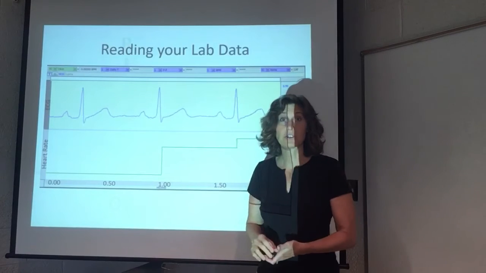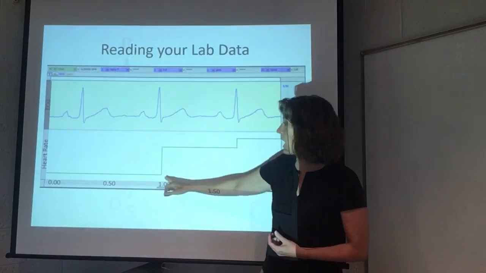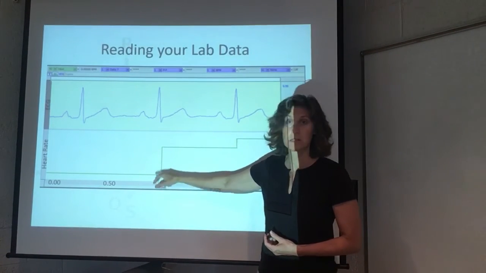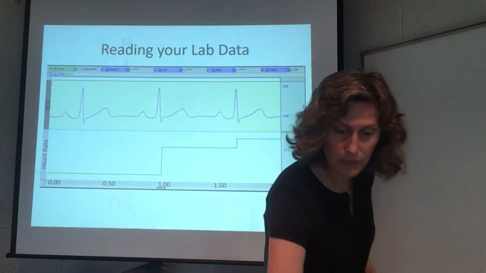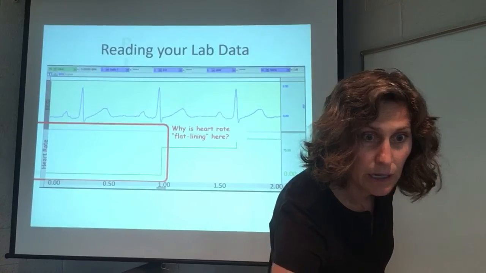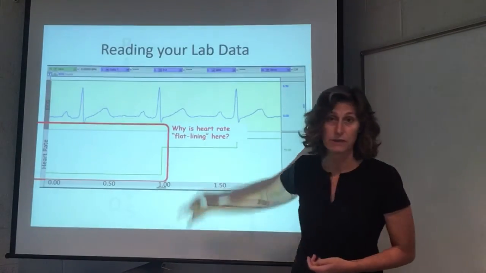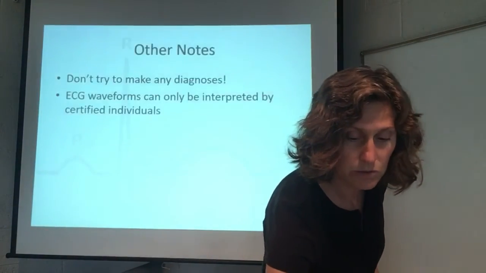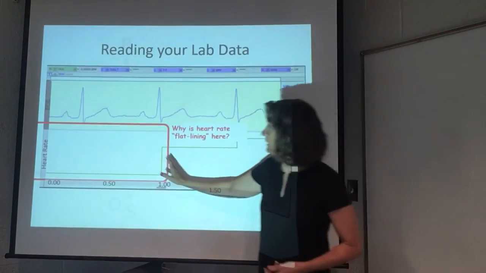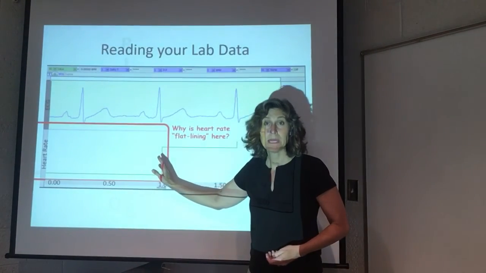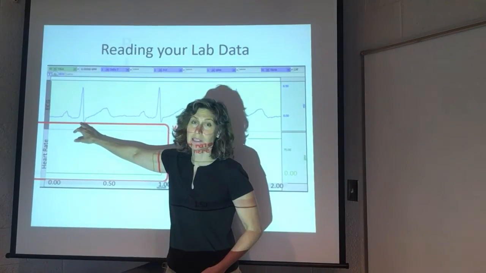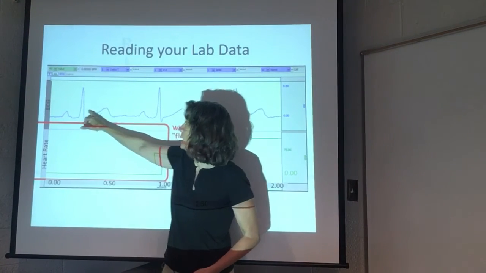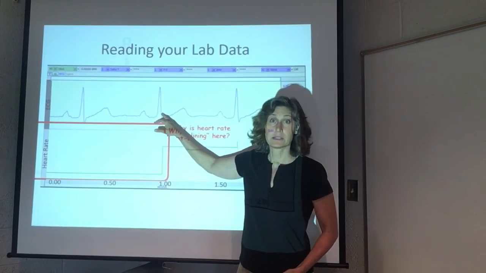And I'm challenging you for a second to think about why my heart rate would show 0 for that first second. Well, why is it flatlining here? What's really going on is that to get a rate, beats per minute, you can't get a rate off of one single beat, because you don't know how much time elapsed to the second beat.